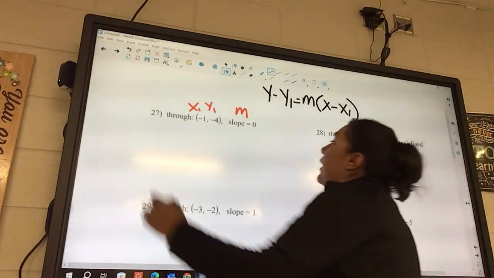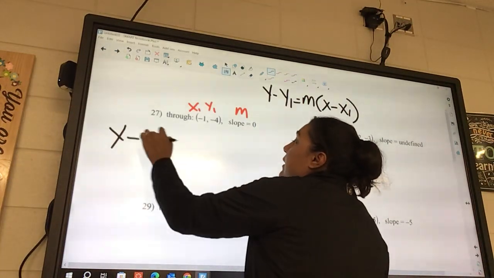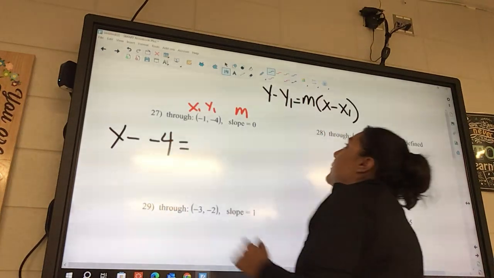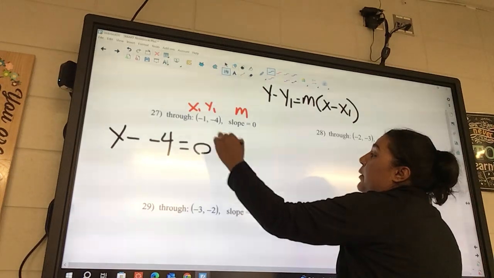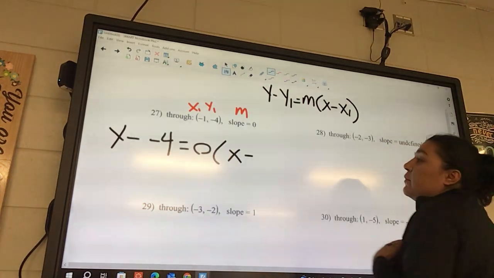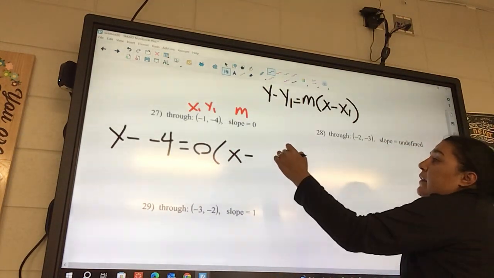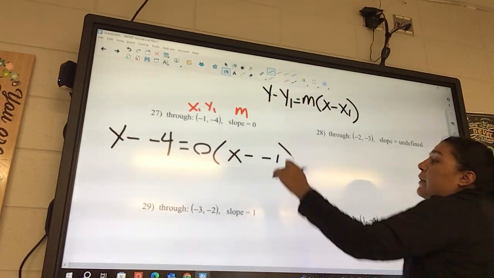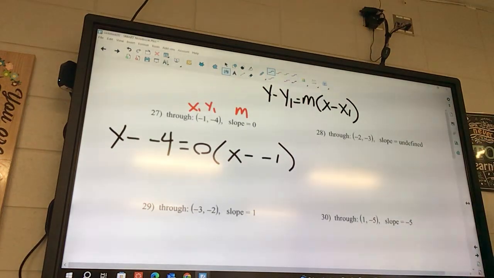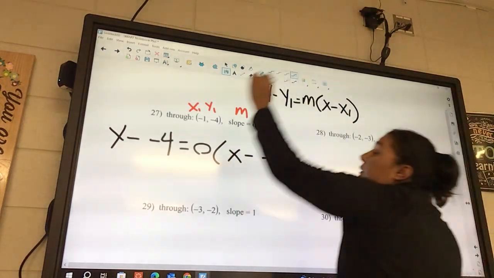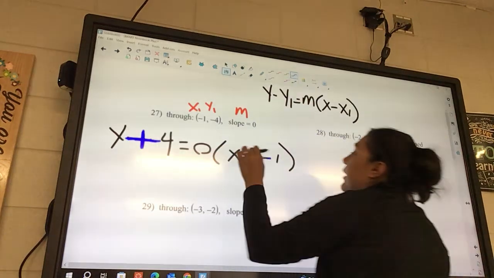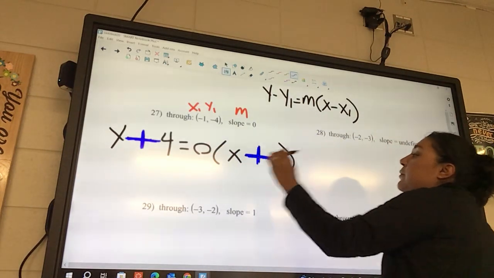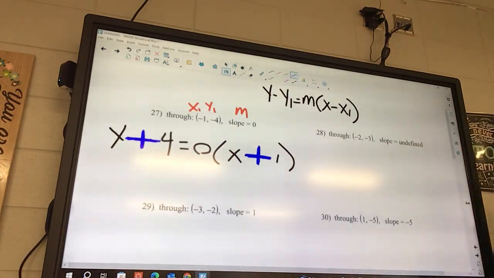Okay, so it's going to look like y minus negative 4 equals, what's my m? 0, parenthesis, x minus, what's my x1? Negative 1. Okay, do we have any double negatives? Yes, the beginning and the end. Okay, so this one you can just draw a really big plus sign and connect the two minus signs and turn them into a plus. Right, and that's our answer.